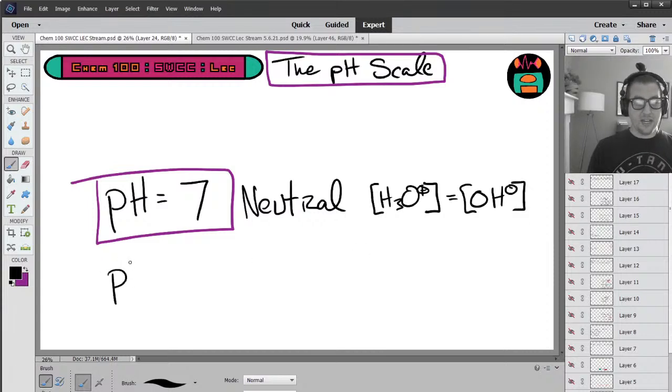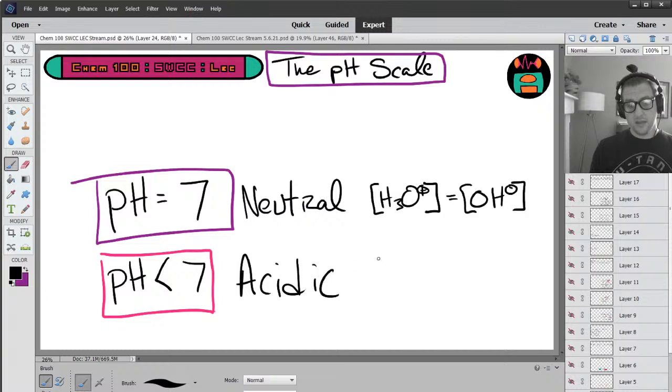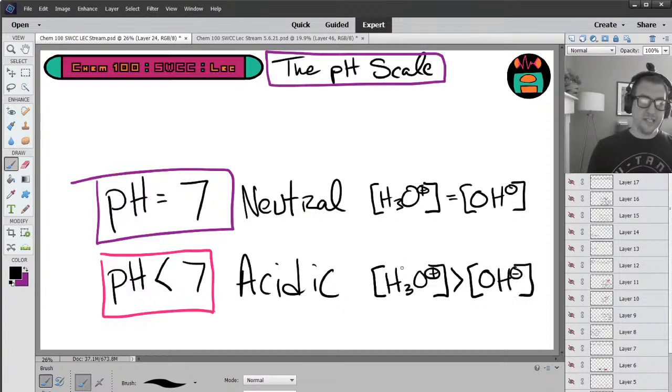If you have a pH that is less than 7, pH less than 7 means that your solution is acidic because there is more acid present in solution than there is base.